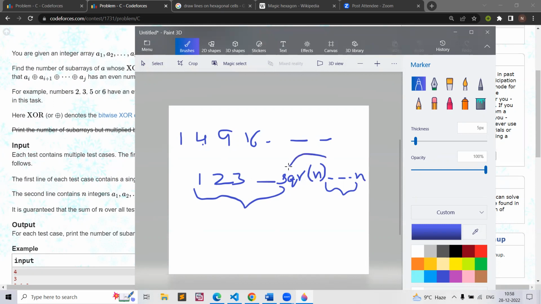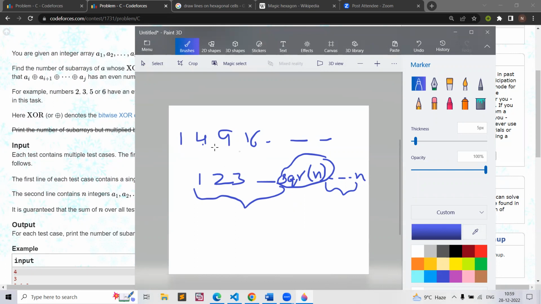But if the square root of n divides n, then we cannot find a pair, because square root of n into square root of n is only n. So if n is a perfect square, then it will have an odd number of divisors.